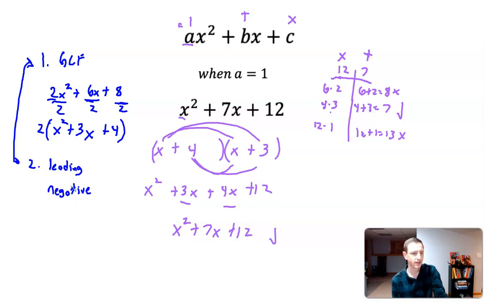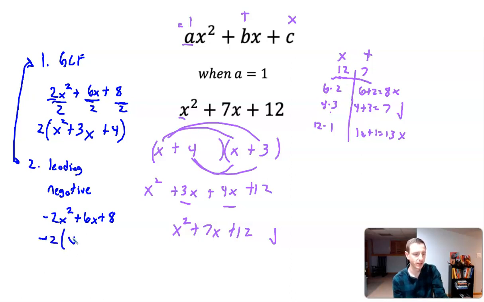A leading negative. And what that looks like, let's say we had that same exact problem, but it was negative 2x squared plus 6x plus 8. This negative is the leading term, so a is equal to negative 2. Whenever we have a leading negative, you always want to factor out that negative. So if I take both the GCF and the leading negative, I would have negative 2 being taken out.